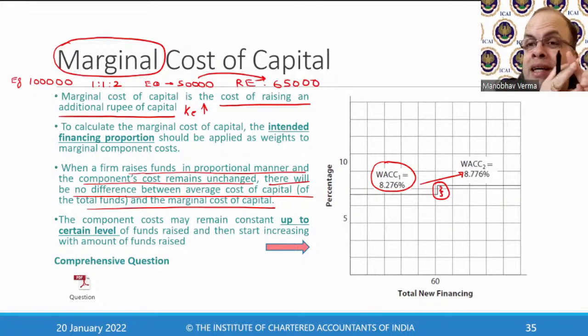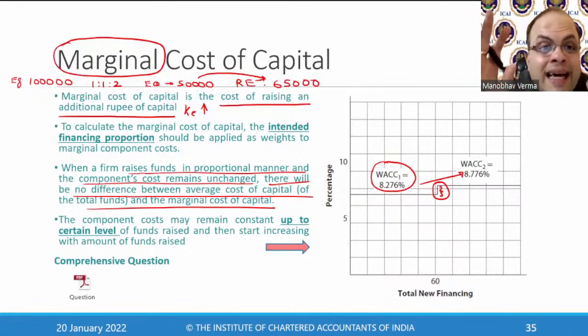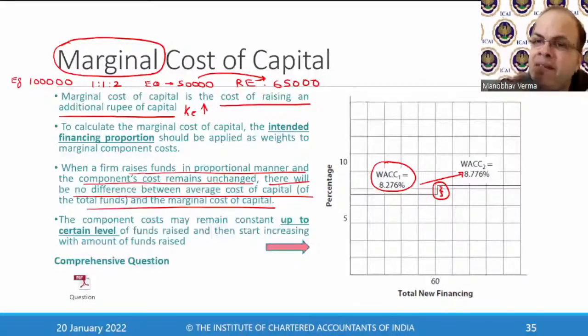So that means my KP, KD and KE are all the same. Then there is no marginal cost of capital. That means average cost of capital is nothing but the WACC itself. There is nothing additional. So there is no difference between average cost of capital and marginal cost of capital.